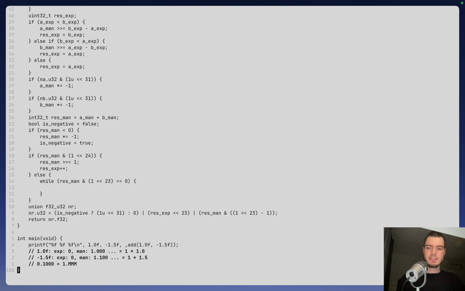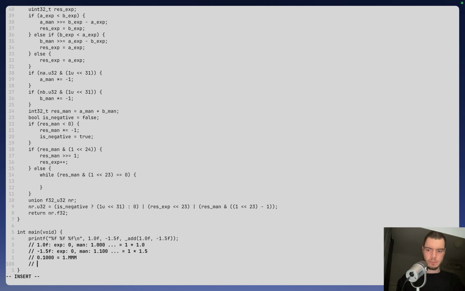So with each loop iteration, we would shift our mantissa bits to the left, and shifting to the left is multiplying by 2.